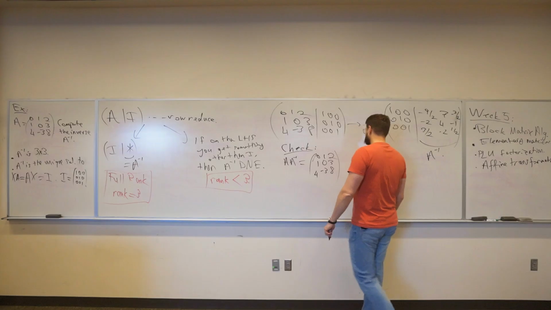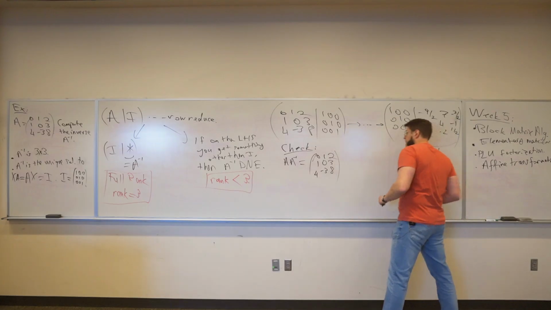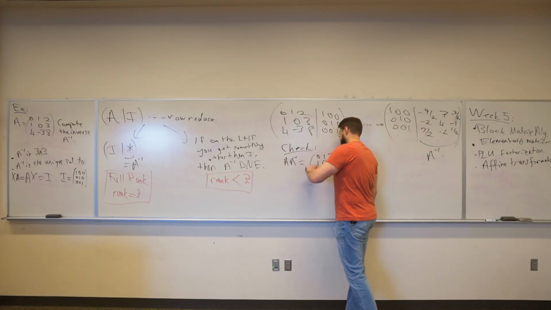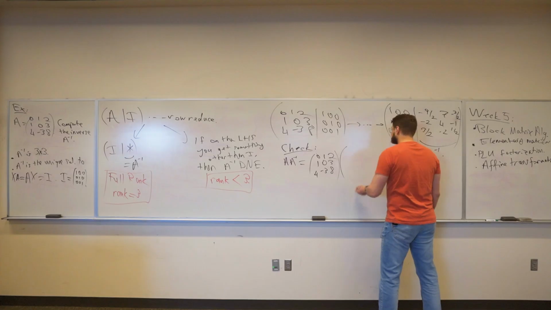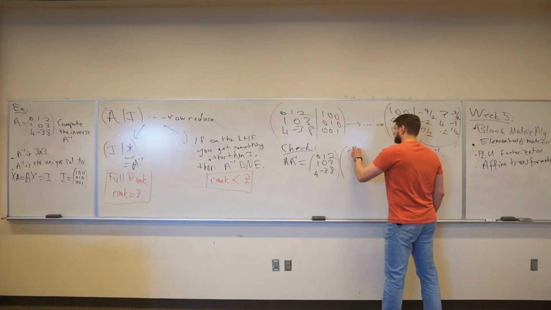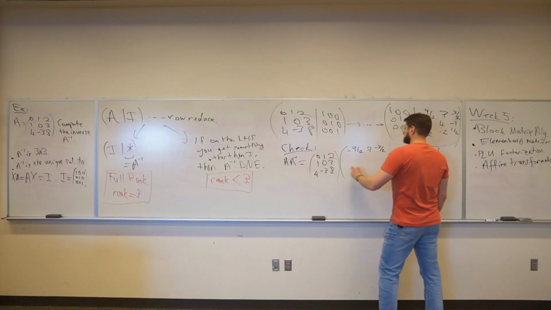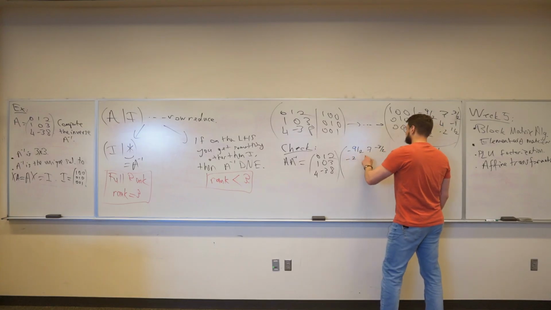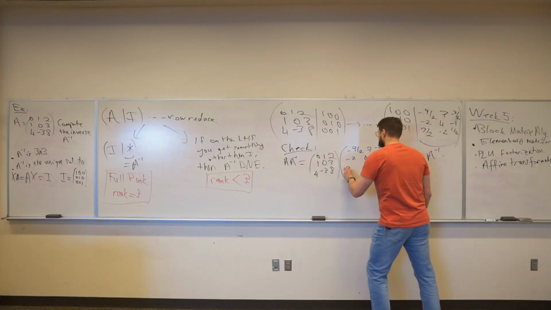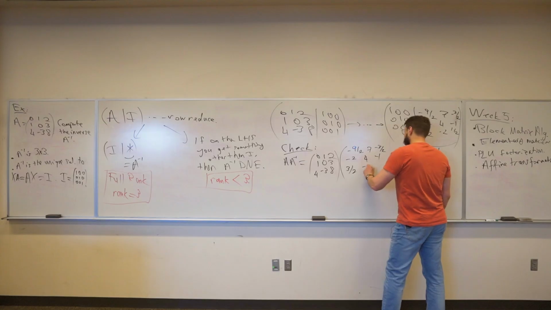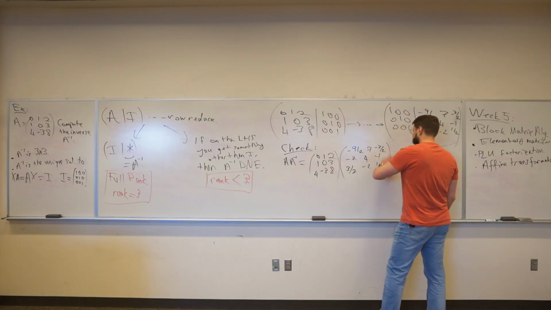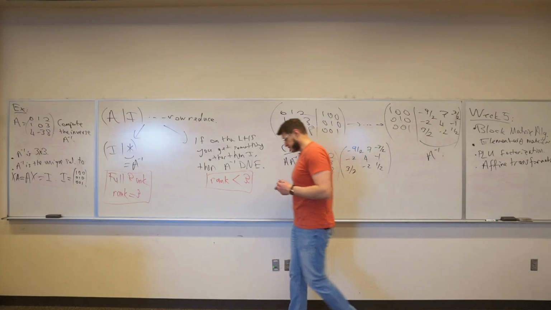That's A. And then here I'm going to put A inverse, which is this guy. Minus 2, 4, minus 1, 3 over 2, minus 2, 1 over 2. I want to do this multiplication.